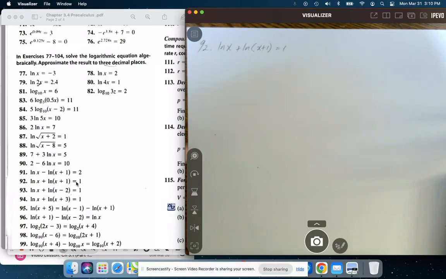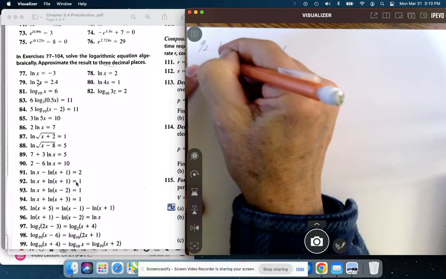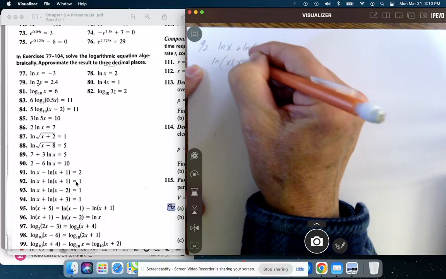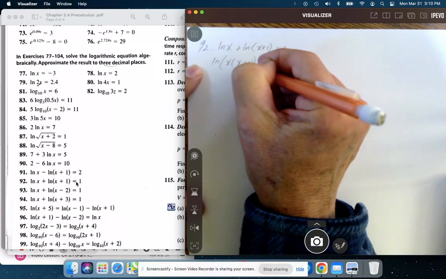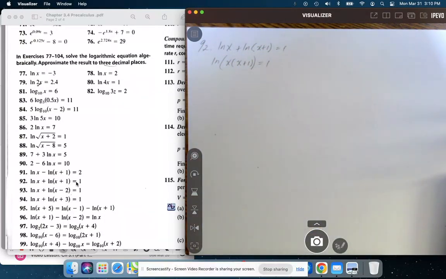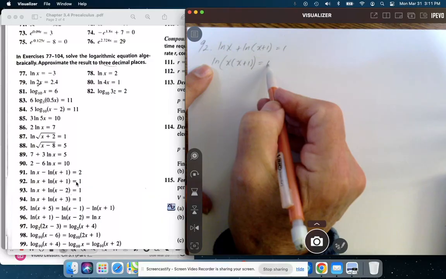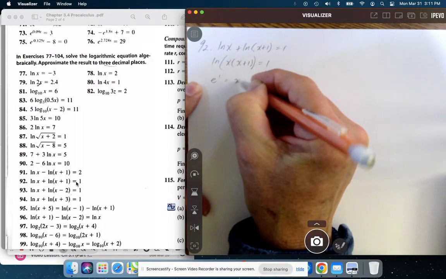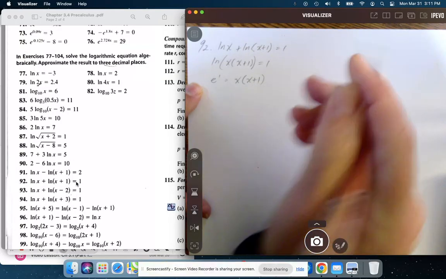All right, well, when I see the addition, I can simplify this and write it as 1 log. So this would be natural log of x times x plus 1 equals 1. And natural log is base e, so this could be e to the 1 equals that. So e to the 1 equals x times x plus 1.